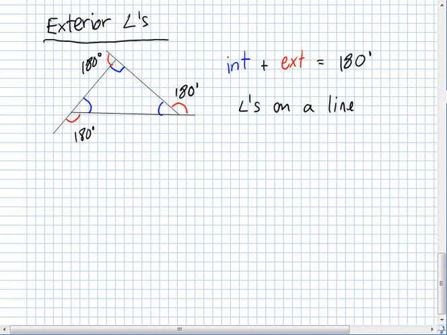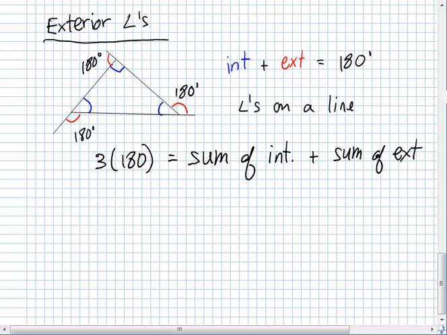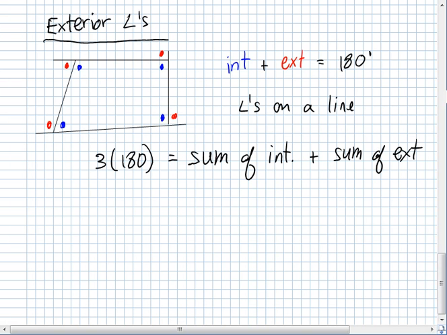In other words, the sum of my interior and exterior angles is just 180 times 3. So 3 times 180 is the sum of all my interior angles plus the sum of all my exterior angles. And that doesn't change for a quadrilateral or any other shape. Look at this example here. For a quadrilateral, a four-sided polygon, instead of three pairs, I have four pairs.